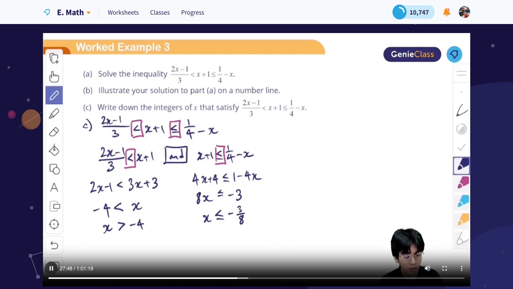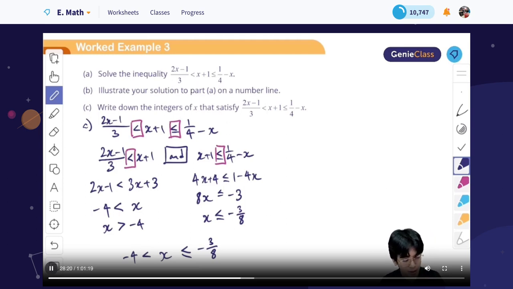So that would become negative 4 less than x, which is also less than or equal to negative 3 over 8. So all you need to check is, is my negative 3 over 8 more than negative 4? If yes, then yeah, that's your answer. If it's not, then you have a problem. No solution. Alright?